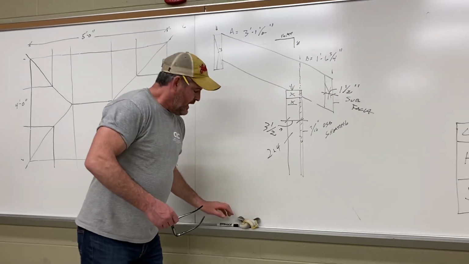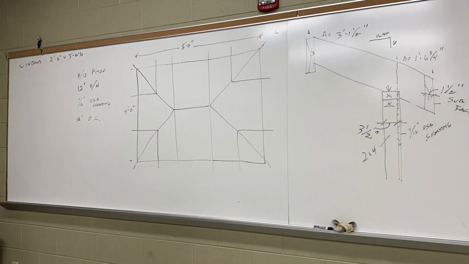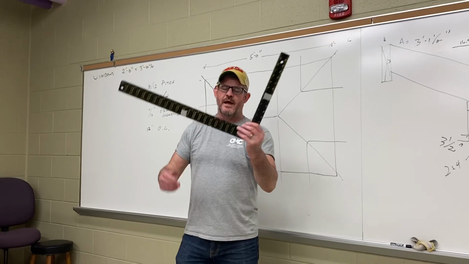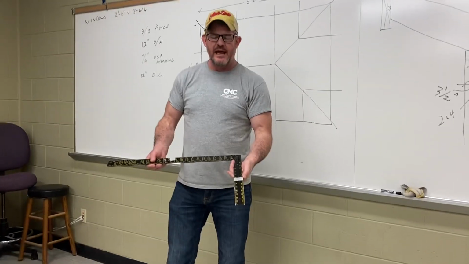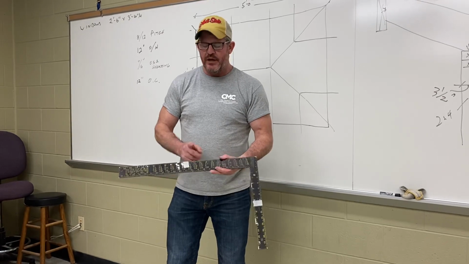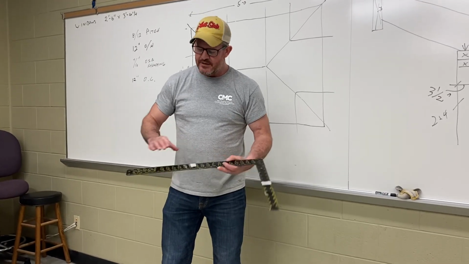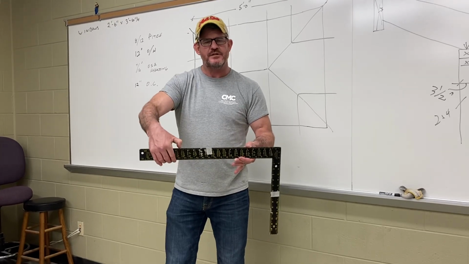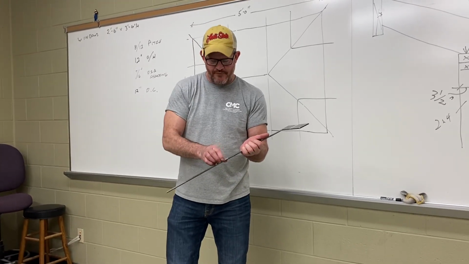All right, so that means that when I look at my framing square, my unit rise remains 8, but my unit run becomes 16.97, or 17 for the sake of rough framing. Close enough.